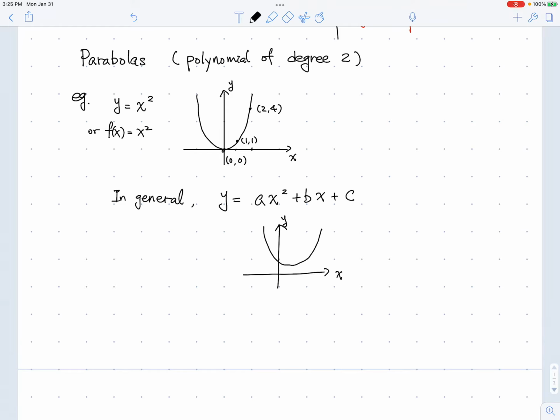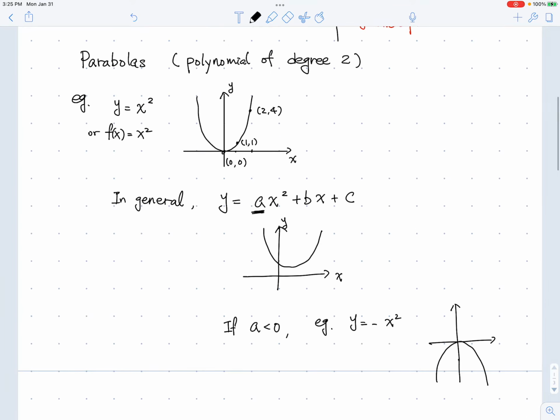If the coefficient a is negative, for example, y equals minus x squared, then the opening would be downward. So it's the same shape, but sometimes the opening is up, sometimes the opening is downward. It depends on the sign of the coefficient a, the coefficient in front of x squared.